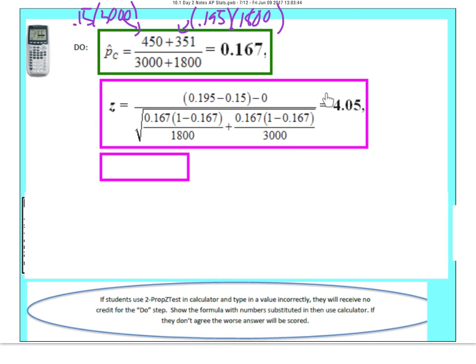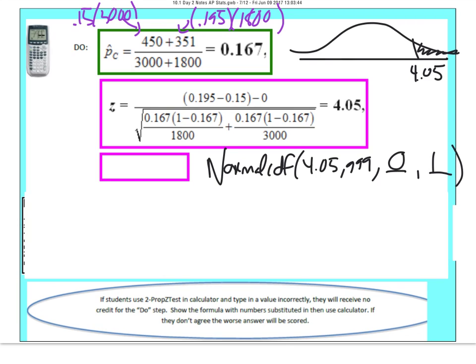Based on this, the z-score is 4.05. If I were to find that p-value, 4.05 is a pretty high z-score. And remember, we think it should be higher. So what we could do is a normal CDF, and we would just do our lower bound of 4.05 and our upper bound. Because this is a test statistic, or standardized data, the mean is 0 and the standard deviation is 1. Therefore, the p-value is approximately 0.